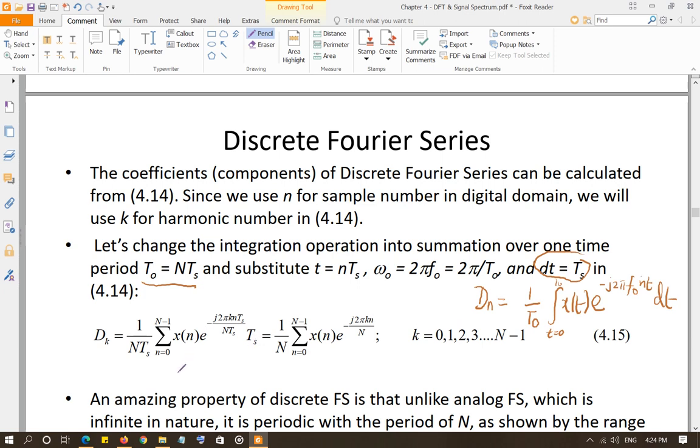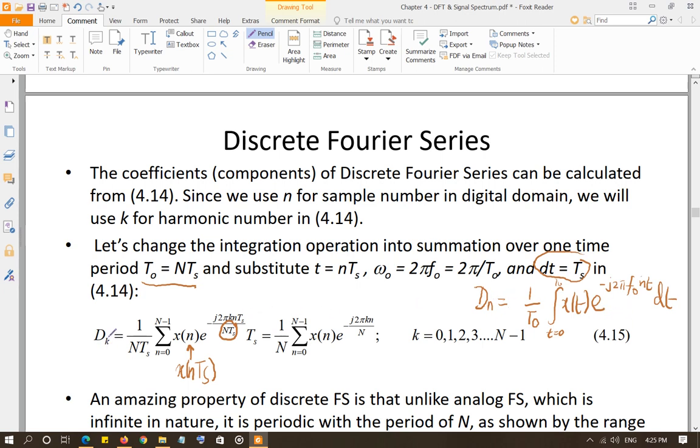Remember, x of n Ts is written simply as x of n, times e to the power negative j 2 pi n, which remains the same. F naught is the fundamental frequency, 1 over T naught, and T naught is n Ts, which is why you see n Ts in the denominator. And then t is n times Ts.